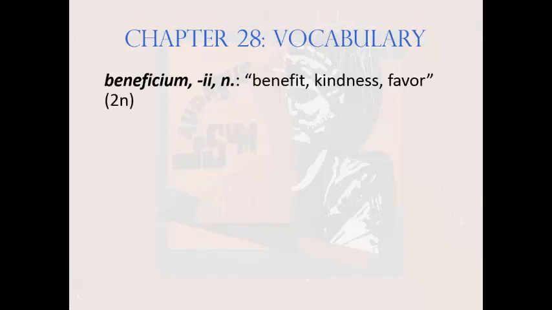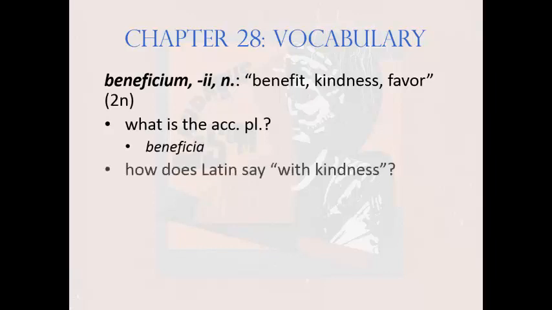It's a second declension neuter noun. So what will be its accusative plural? It's neuter. Yes, beneficia. And how would Latin say with kindness? That has to be the ablative, but what kind of ablative? Ah, yes, manner. Does manner use a preposition?